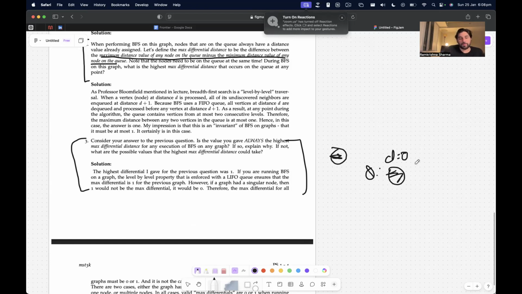Then you remove it, and zero was in fact the max differential. So if it's a graph with more than one node, the max difference will be one. If it's a graph with exactly one node, it'll be zero. And if it's a graph with no nodes at all, it will also be zero.